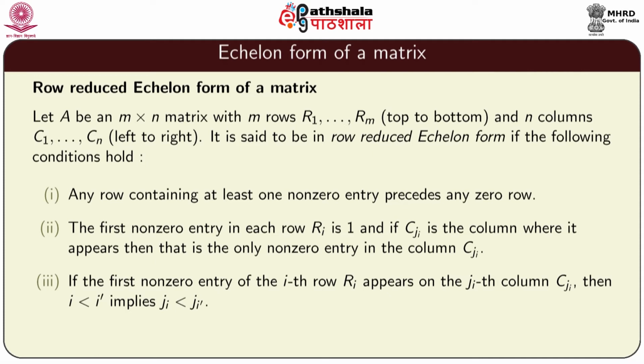Now, the sum total of these 3 requirements is what is known as the echelon form.